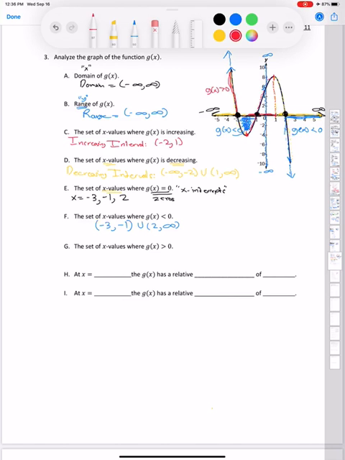We also have g of x right here being greater than 0, anywhere in here. So again, here's where our function values are positive. So for all x values less than what, -3? So if x is less than -3, our graph's taking place on the positive side of the y-axis.